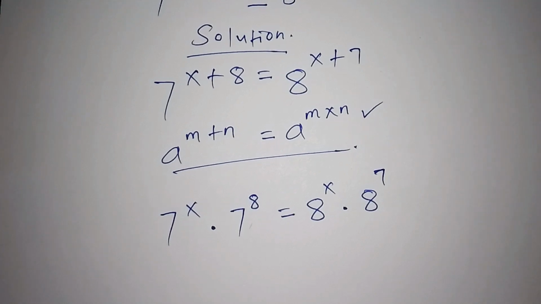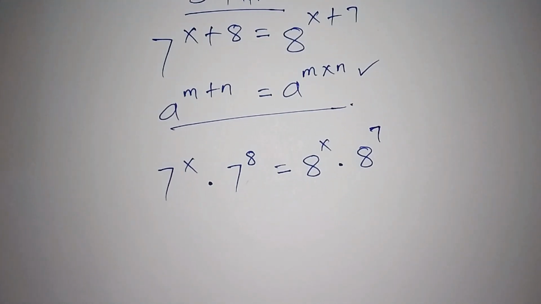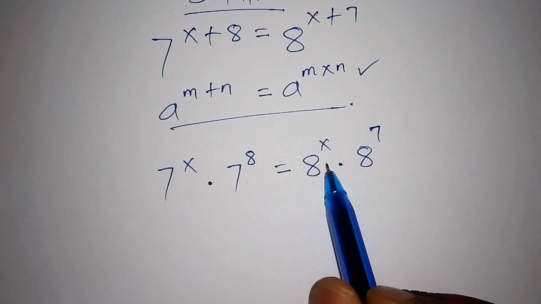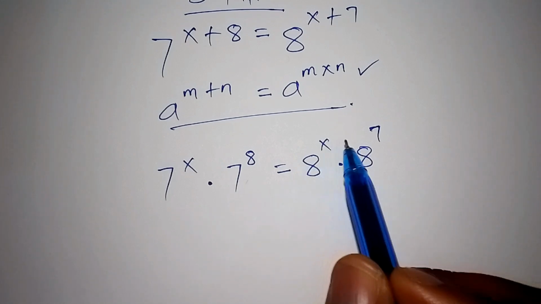Once we have that, we shall check what is common. What is common in this case is 8 to the power of x, so I want to divide both sides by 8 to the power of x.